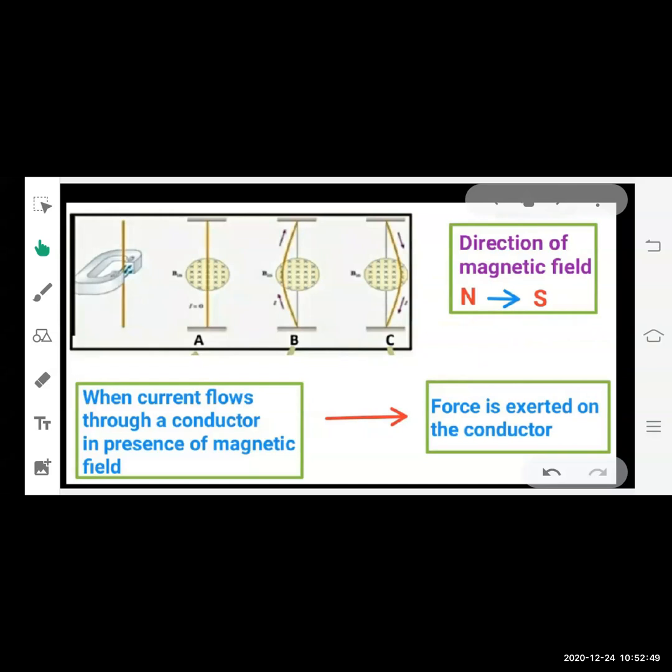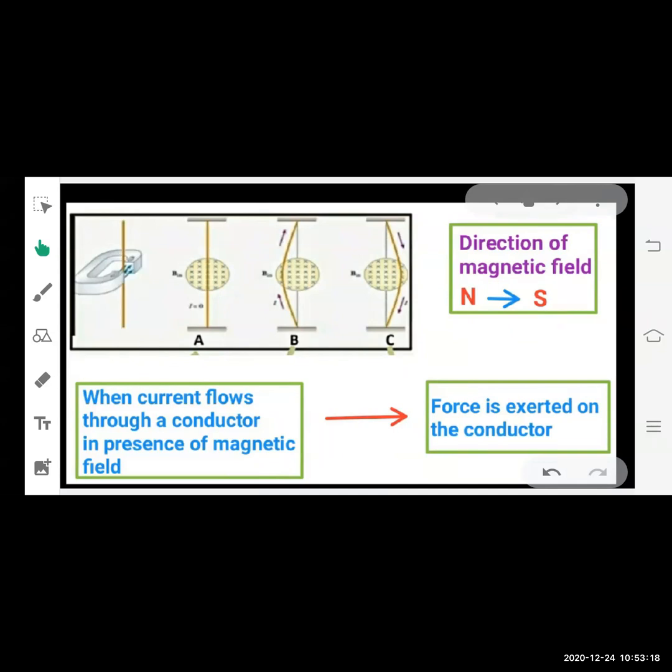Okay, so what is the direction of the magnetic field? It is very important. As we know, in a magnet the direction of the magnetic field is always from north to south, and the conductor is placed within that magnetic field. When current is not flowing in the circuit, no force is exerted on the conductor and it will not deflect; it will not show any kind of motion.